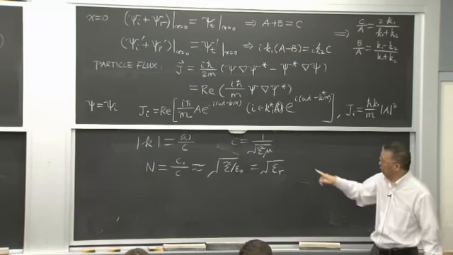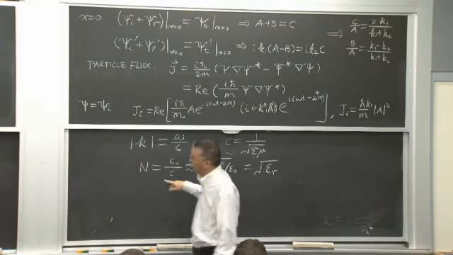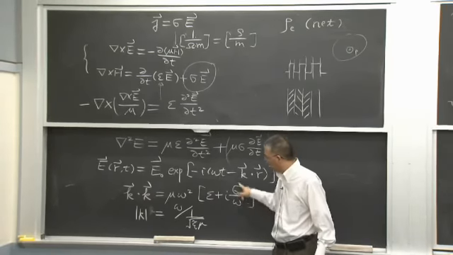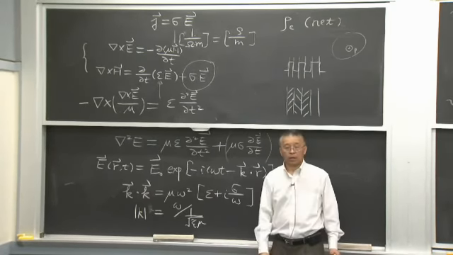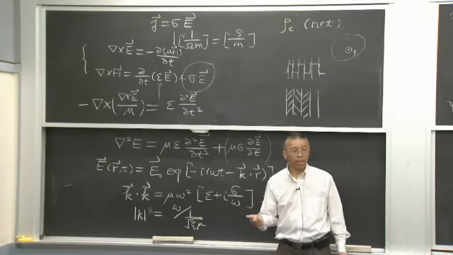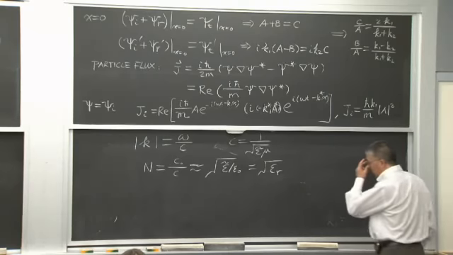So even for metals, very often we don't tabulate these two separately. We just tabulate them together into epsilon r, the relative dielectric constant.